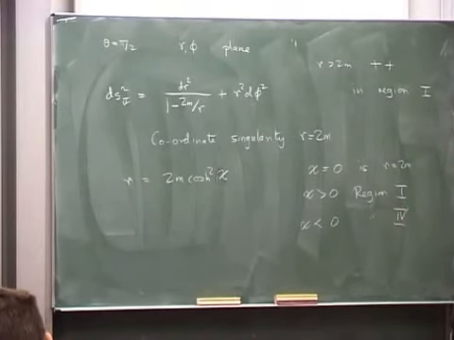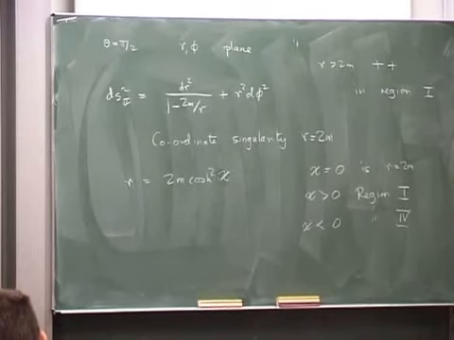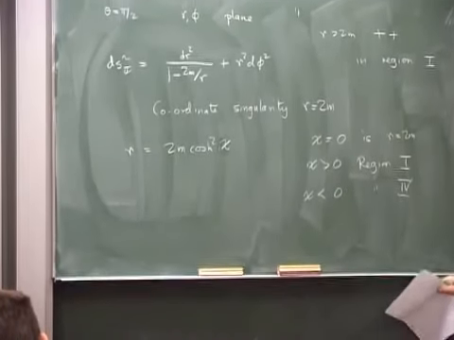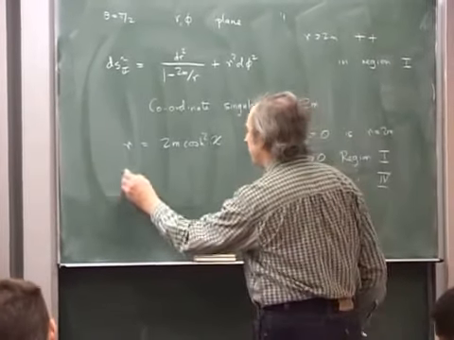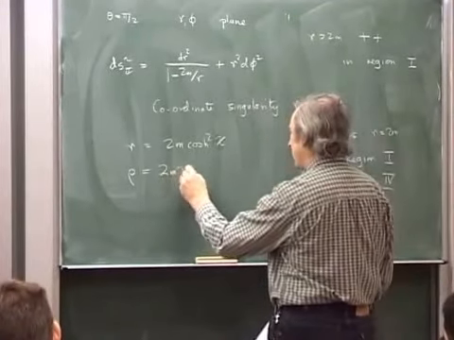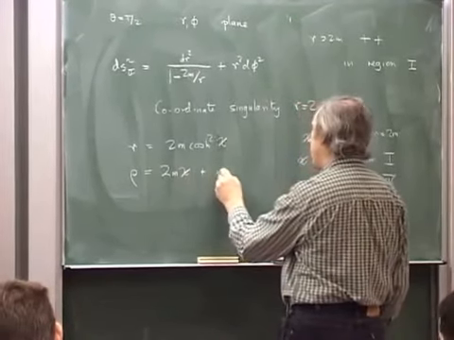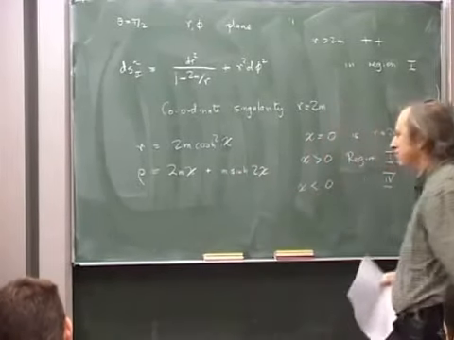And if you work out what this metric is, well, it's kind of nasty in chi coordinates. So I'm going to invent another new thing, rho equals 2m chi plus m sinh 2 chi.